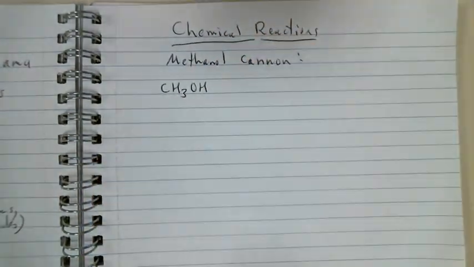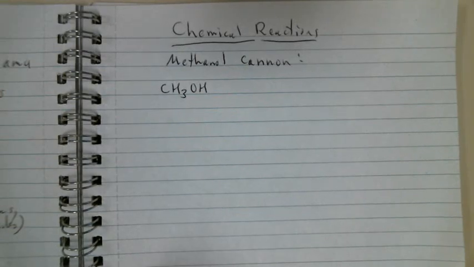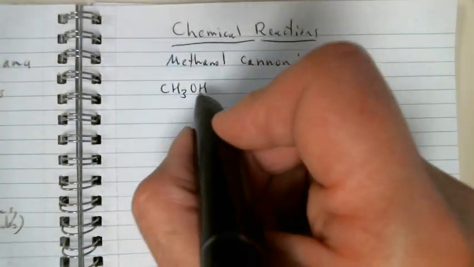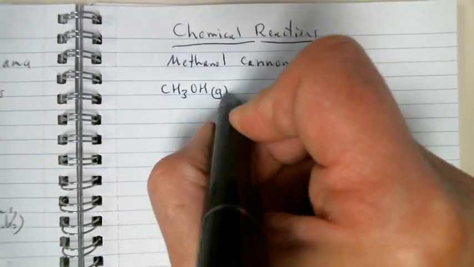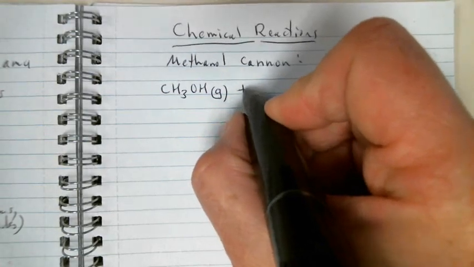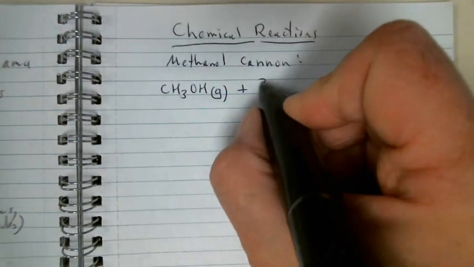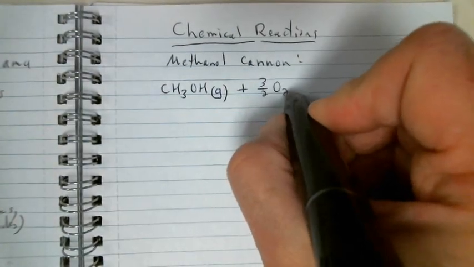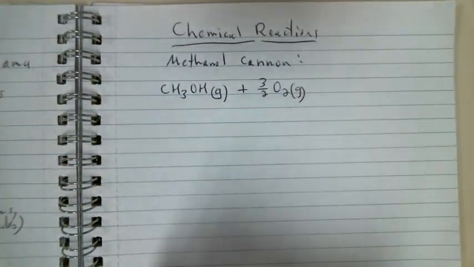But this is the formula for methanol. And that methanol, when it's in the cylinder, was actually a gas. So when we add states of matter, we'll put a little G for gas. And then with oxygen, so I'm going to write 3/2 of a molecule of oxygen.